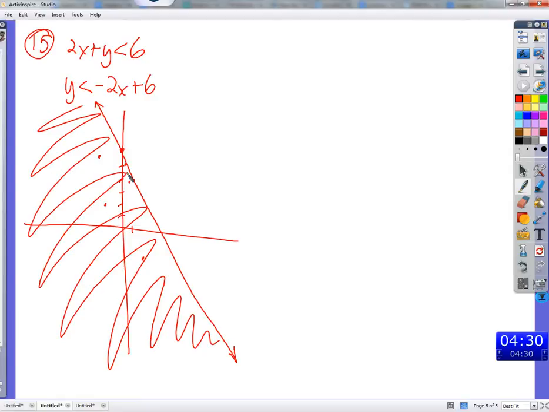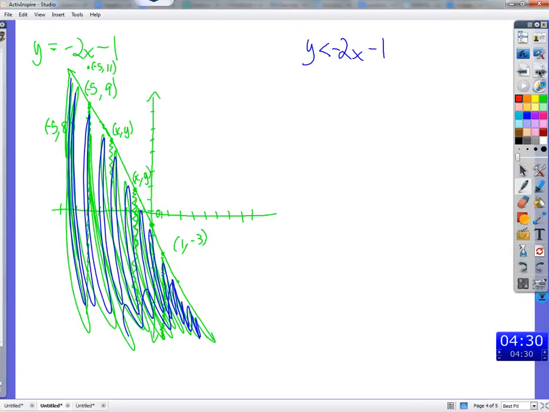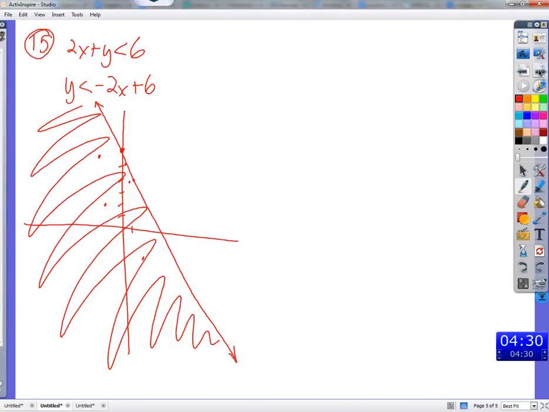And that would not be okay, because one side needs to be less than the other side. So what can we change similar to this? When x couldn't be equal to 5, it had to be less than 5. We left this circle open rather than closing it. So how can we show that we can get really close to a point on the line, but not quite on the line? A dotted line.